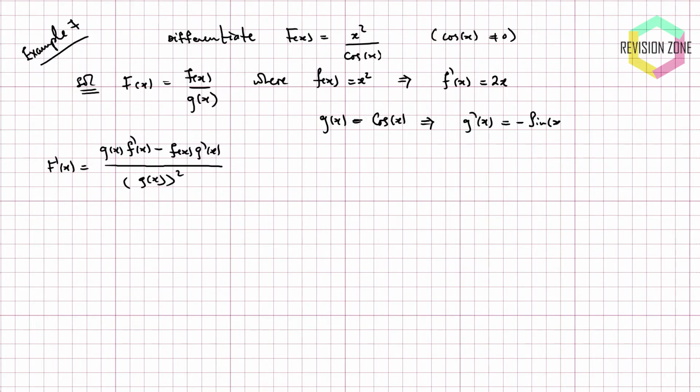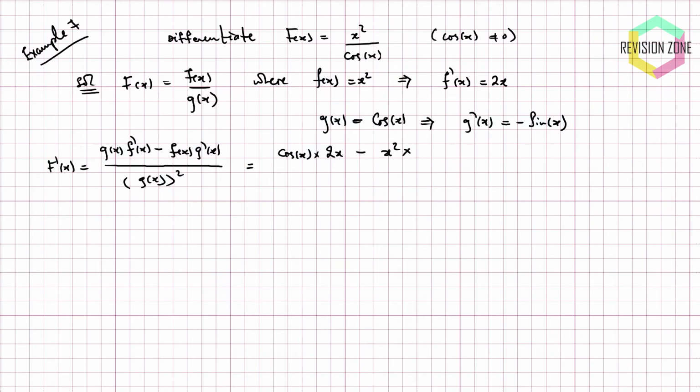We know this, so let's now put all of this into the formula. So my g of x is cosine x, so I start with cosine x, and then my f prime x is of course 2x, and then the negative sign is there. My f of x is x squared, which we can obviously see directly here, right?